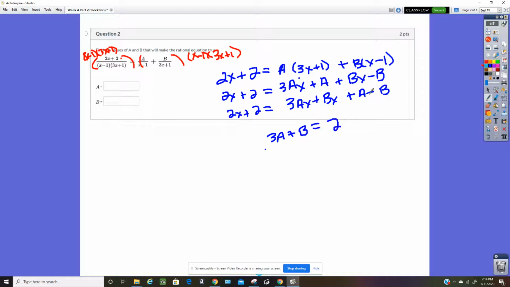And then the second equation, A - B is equal to 2 also. And this is easy to solve because these are opposite already. So you're just going to add these together, solve for A, plug back into one of them, and solve for B.